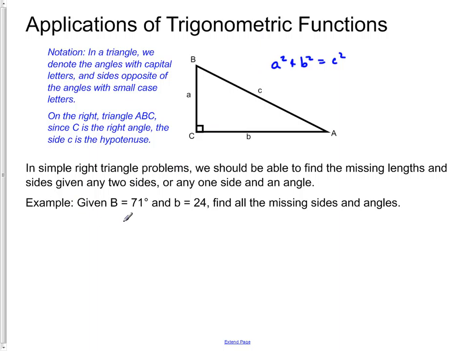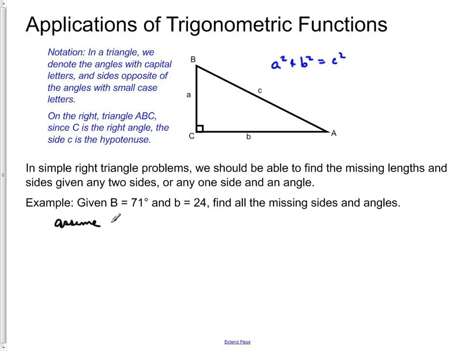So let's deal with what we've got right here. Let's say that we're told that angle B is 71 degrees and that side b is 24. And we're asked to solve the triangle, which is to say, find all the missing sides and angles. To do so is relatively straightforward.